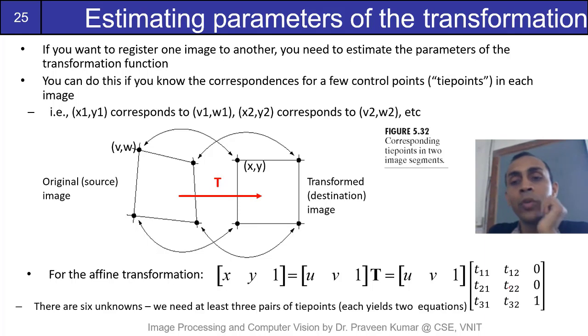To find them, we'll need at least 3 pairs of corresponding points, because 3 pairs will give us 6 equations, since each point has x and y. If we substitute the x and y values for those 3 pairs, we get six equations, and using those we can solve for the 6 unknowns.